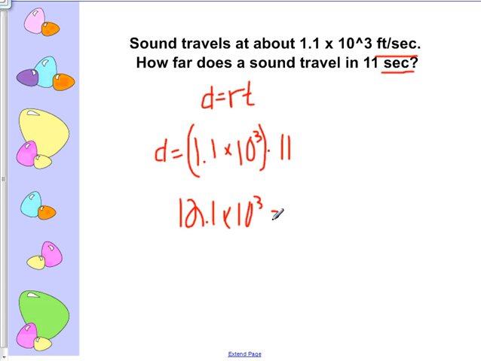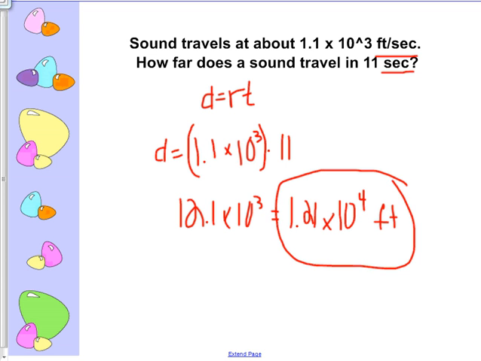And putting that in correct scientific notation, we have 1.21 times 10, because we moved it over 1, to the fourth power, and that is feet. All right, so that's all it is.